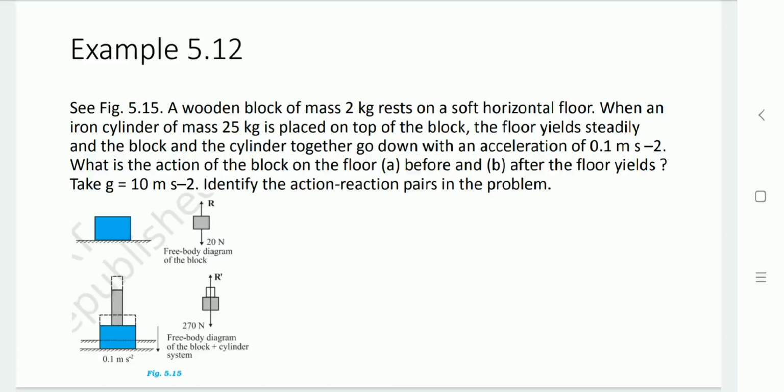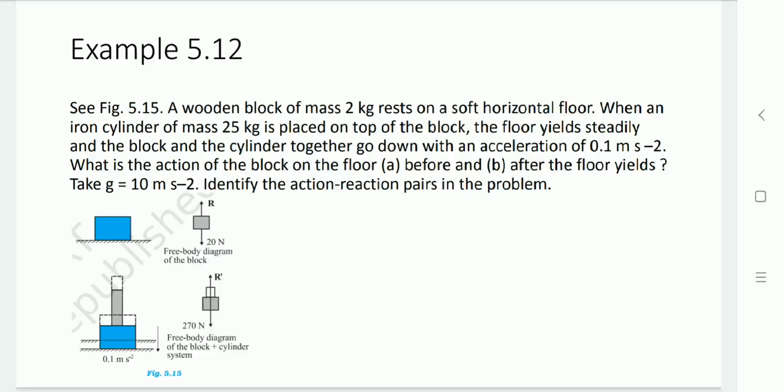And the normal component of the force acts vertically upward in the opposite direction, and it should have the same value. So we can say that R equals 20 Newton. Based on the third law of Newton, this mg and R both have the same value in opposite directions.